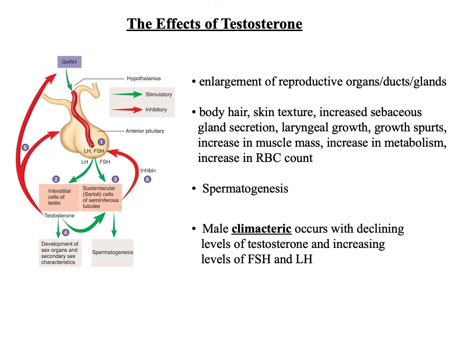RBC is red blood cell. And then finally, testosterone has a hand in the spermatogenesis, which we covered earlier. The development of the sperm from the spermatogonium all the way through to the actual sperm cell.